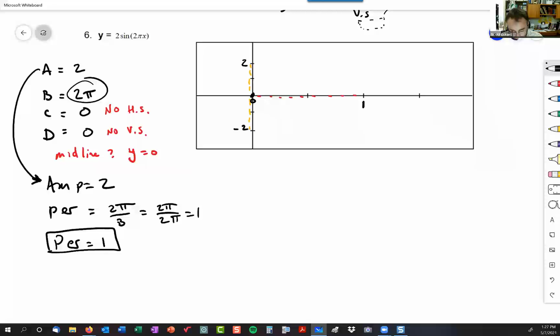Now, it is not to scale, because you can see the y-axis goes up 2, and the x-axis stretches way more than that as 1, so I don't have the proportions right. But that doesn't matter a whole lot. Technically, if this is 1 here, I should put my 1 there. And then that way it's scaled.